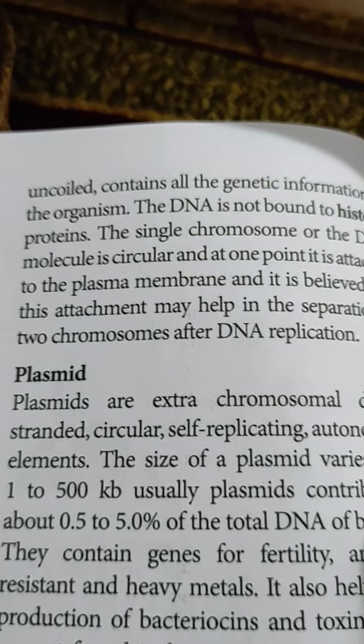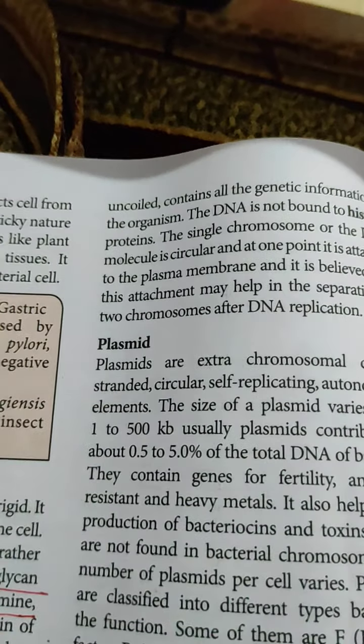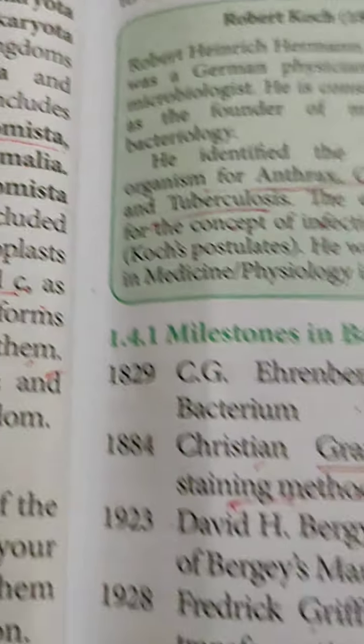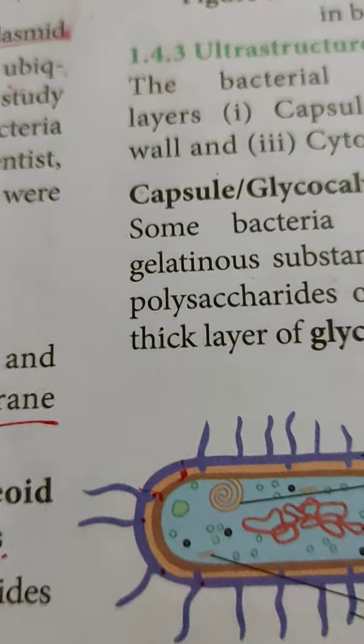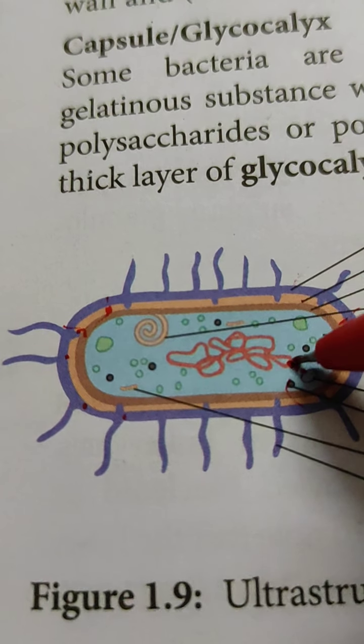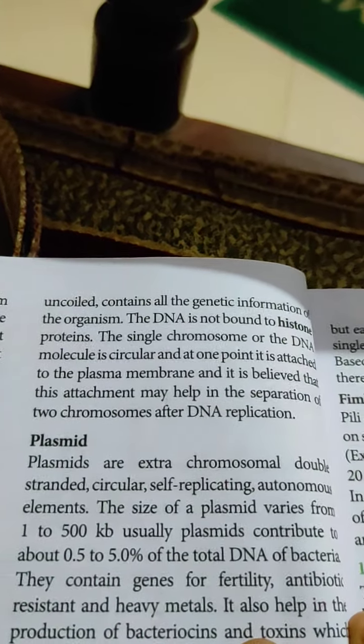Single chromosome or the DNA molecule is circular, and at one point it is attached to the plasma membrane. It is not shown here in the cell wall. This one, at one point it will be attached to the plasma membrane. So this is the point of replication.